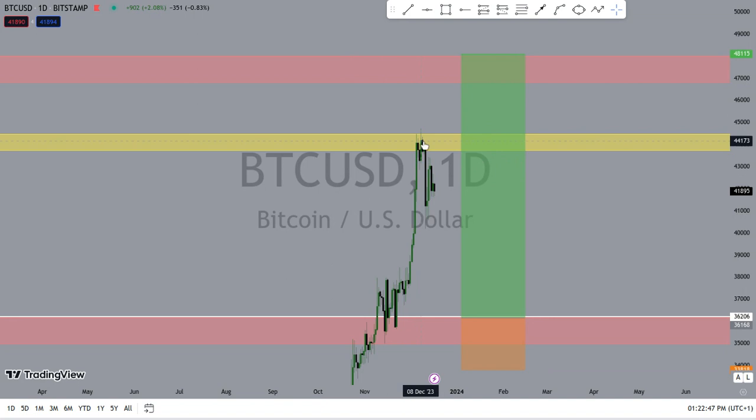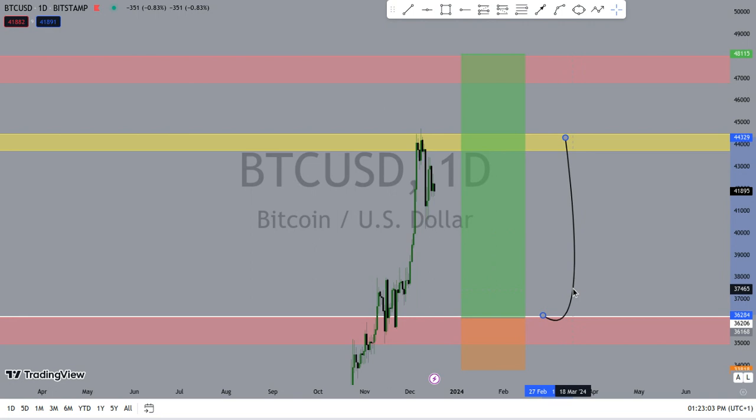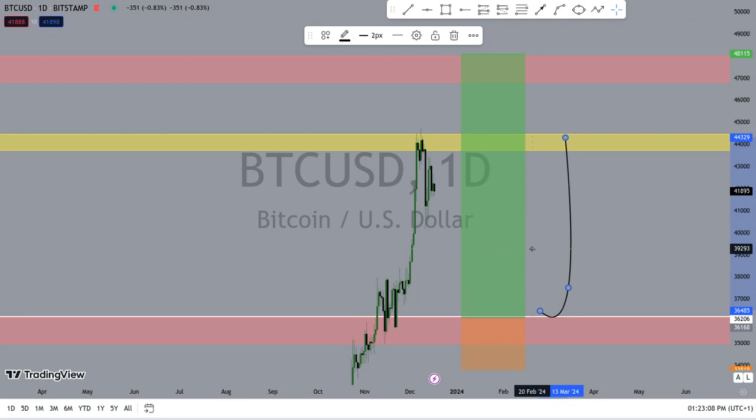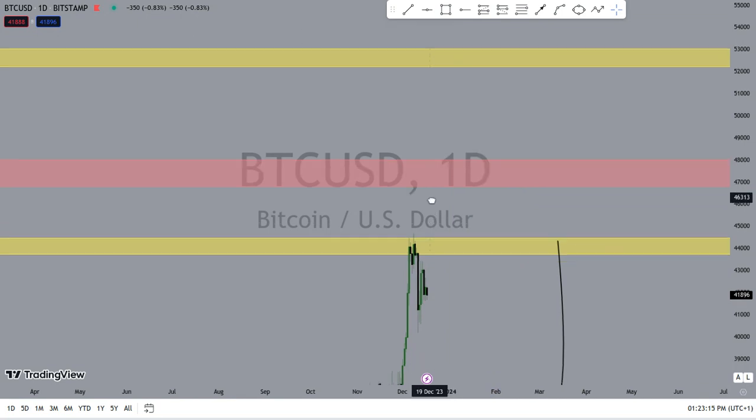We don't really know what the outcome would be, but we're expecting BTC to drop below this region, and then we might be looking to go long on BTC USD, or we might break above this bar and look for bullish momentum, somehow like this.